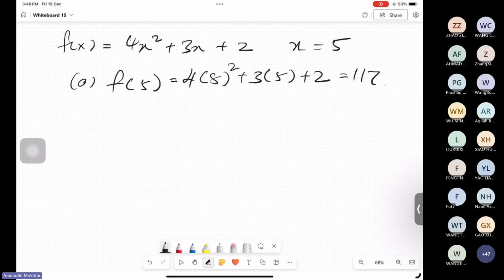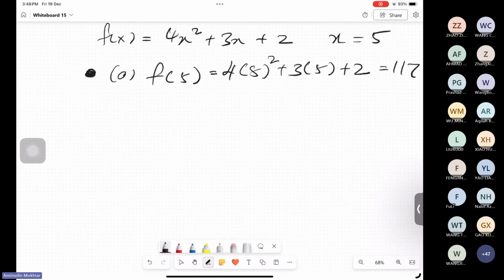We can find the value of y is defined at point x equals 5. So there is a black dot, a black circle, at this point. When x equals 5, y equals 117. It is a coordinate point for the function.